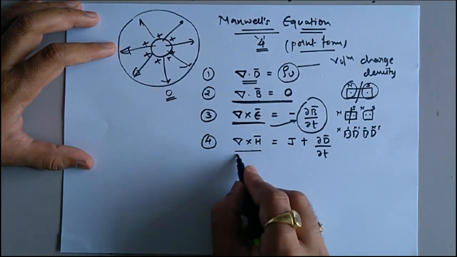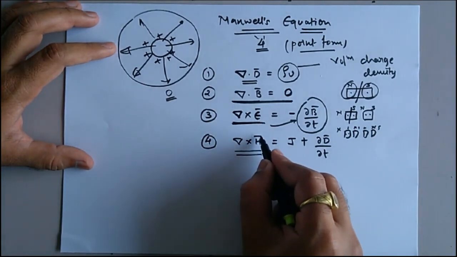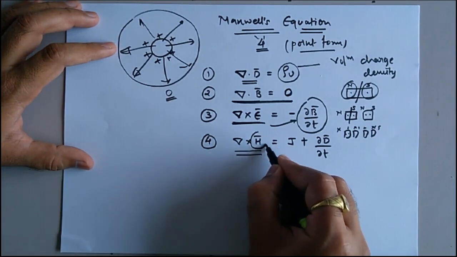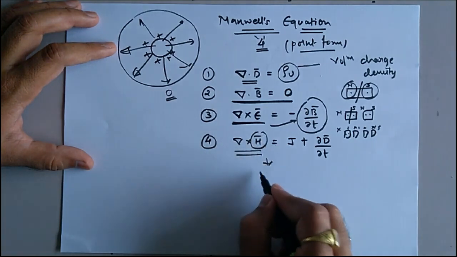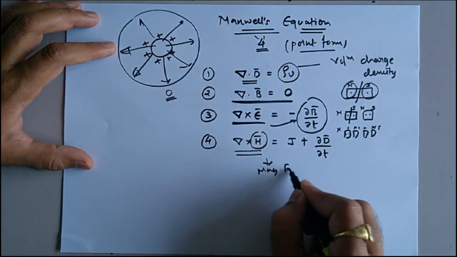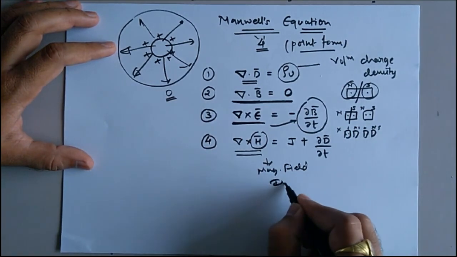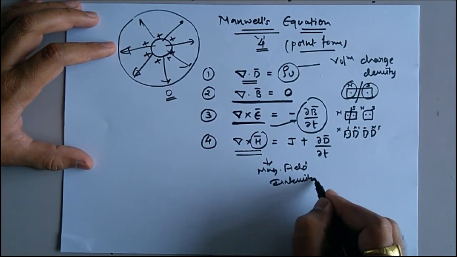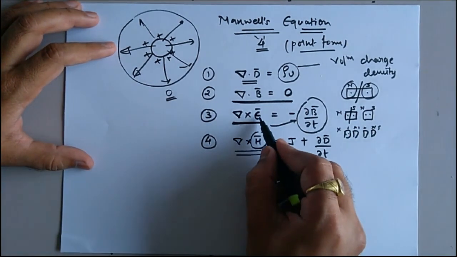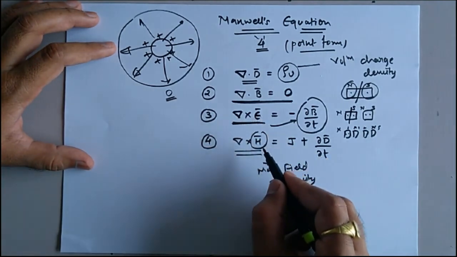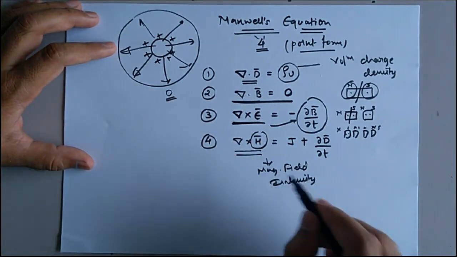And equation number 4 indicates that space varying magnetic field, here H indicates magnetic field intensity. Just like we have electric field intensity in electrical domain, in the same way we have magnetic field intensity in magnetic domain.